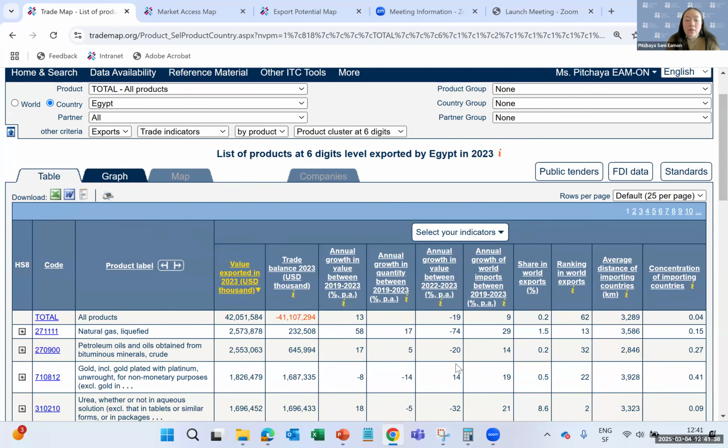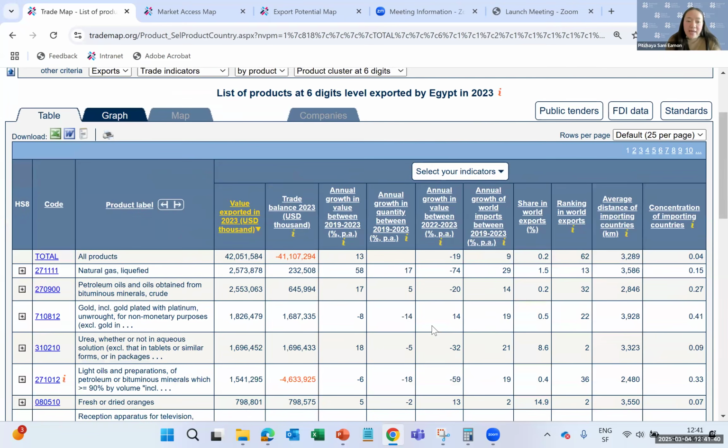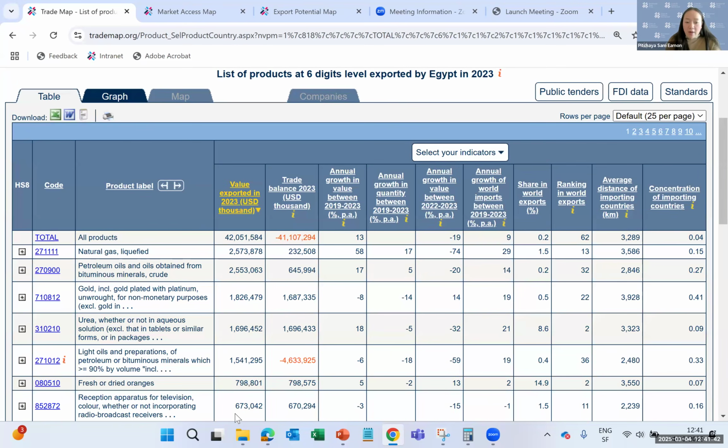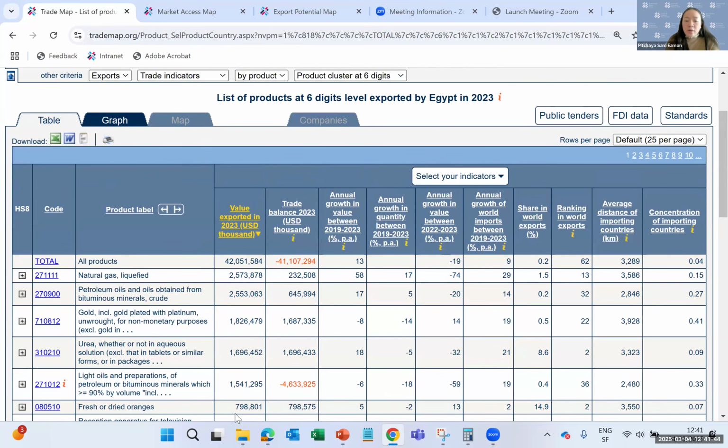Why is it useful? This is, for example, let's have a look at fresh or dry orange, okay? In 2023, Egypt exported 798 million US dollars worth of fresh or dry oranges, okay? As you can see here, the number is in black. That means Egypt is a net exporter.